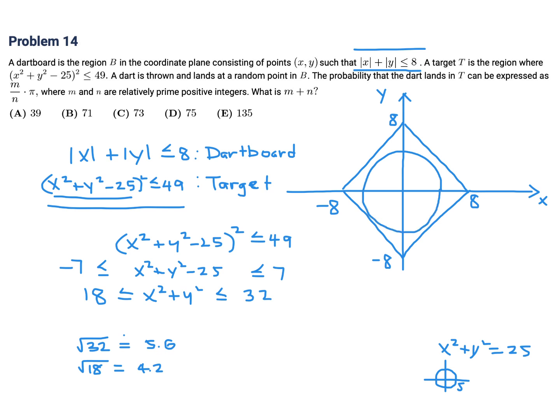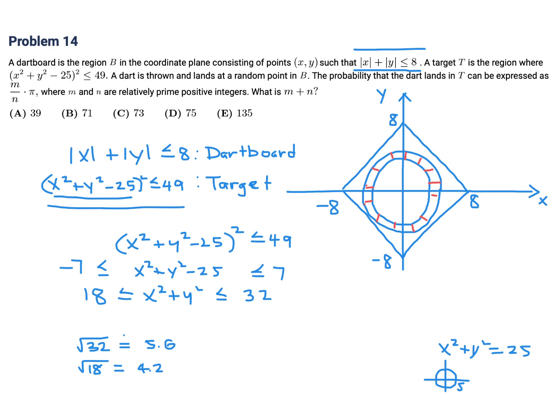And then this guy right here. Yeah, that's what we're looking at. And then what's in the middle, that is our target, I guess.